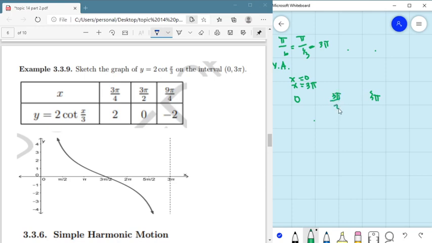And between 3 pi over 2 and 0, we find the mean, which is 3 pi over 4. And between 3 pi over 2 and 3 pi, we find the mean: 3 pi over 2 plus 6 pi over 2, that would give us 9 pi over 2.